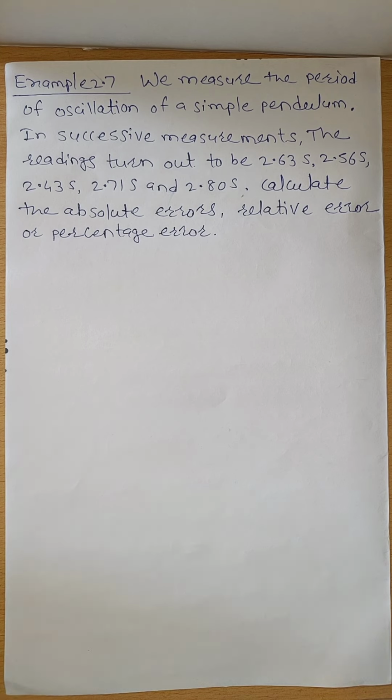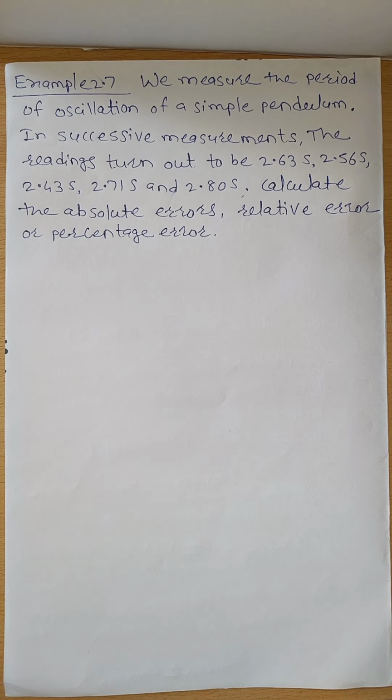Now the example 2.7: we measure the period of oscillation of a simple pendulum. In successive measurements, the readings turn out to be 2.63 seconds, 2.56 seconds, 2.43 seconds, 2.71 seconds, and 2.80 seconds. Calculate the absolute errors, relative error, and percentage error.